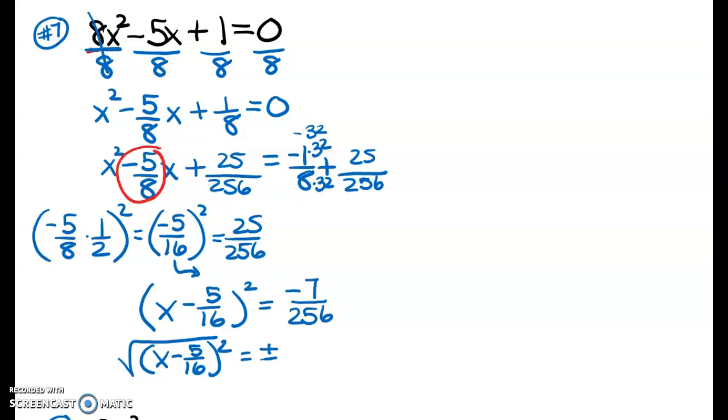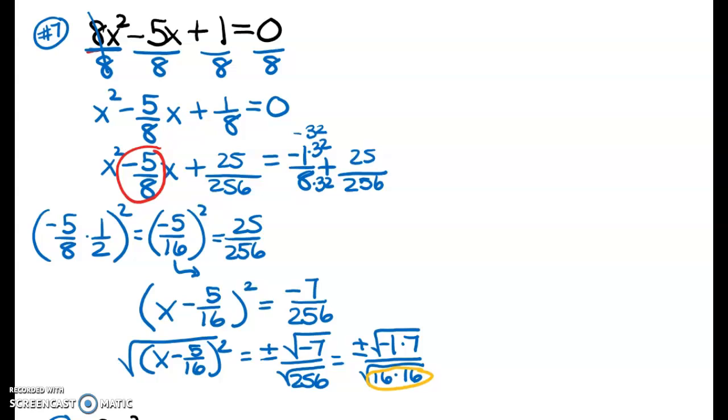And I'm going to not forget my plus or minus, and I'm going to split up my numerator and my denominator. And I know that when I take the square root of a negative number, I am going to get an imaginary number. And I know I just got 256 by squaring 16. So I know that factors into 16 times 16.